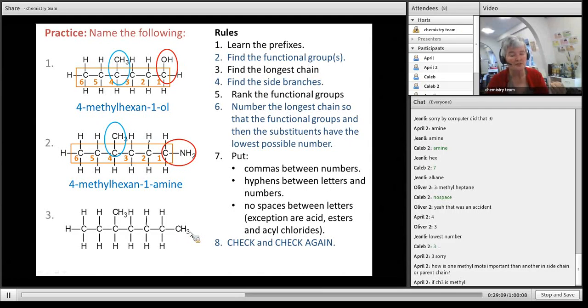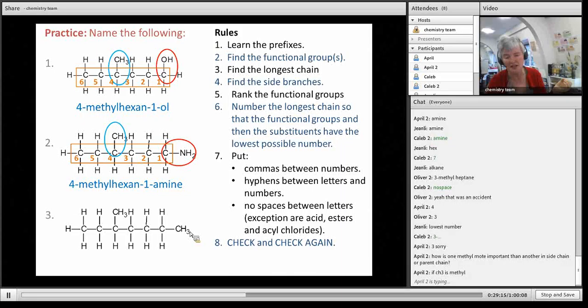So you always number it so that the side chain is the lowest. Doesn't matter which side chain, if they're both alkyl. So if it's a methyl or an ethyl or whatever, you just look for the lowest one. We will look at examples, I think that might be the easiest. So here, both methyls are side chains.